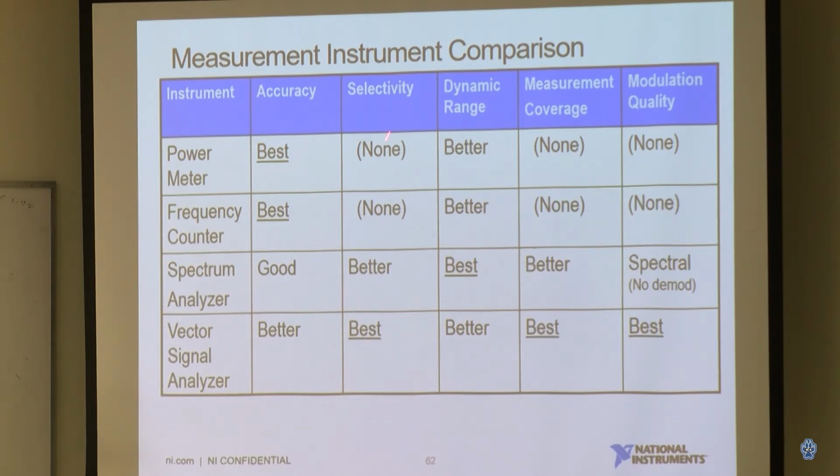They can cover most of the measurements you want to do. You have better amplitude accuracy, you can select different modulation analysis, and you can do dynamic range measurements like linearity, TOI, SHI. So the vector signal analyzer can cover most receiver signal analysis purposes. And of course, more functionality, more cost, right? And more challenging.